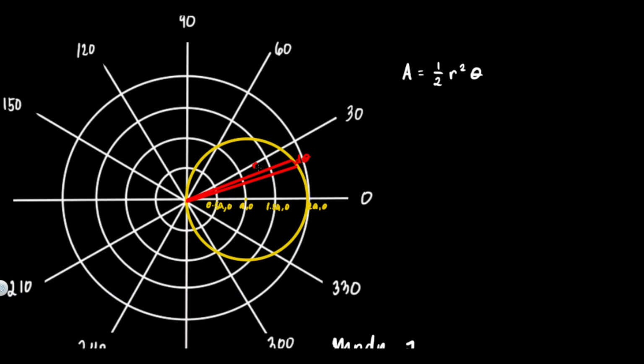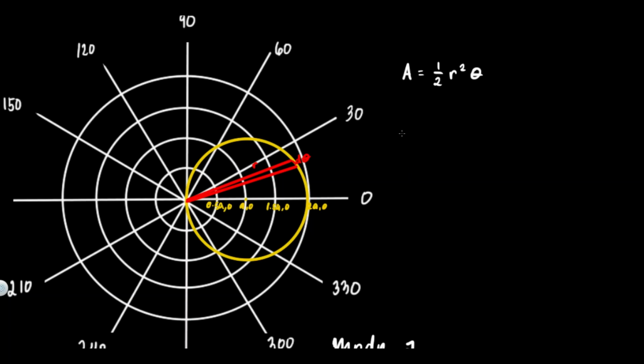Sa integral calculus, kukunin mo yung maliliit na sector, yung mga sector na yan, then i-add natin. Kaya nga tayo may integral sign. So, ang tanong lang dito, ano ba yung limits na gagamitin natin? Palitan ko ulit ng color.